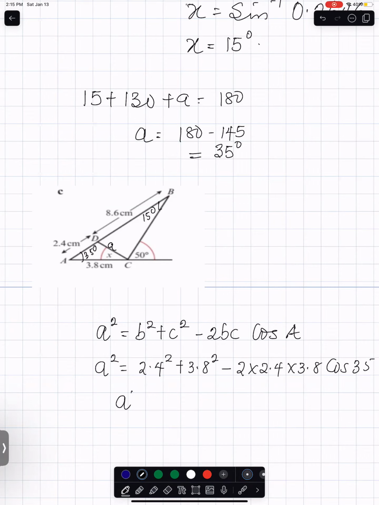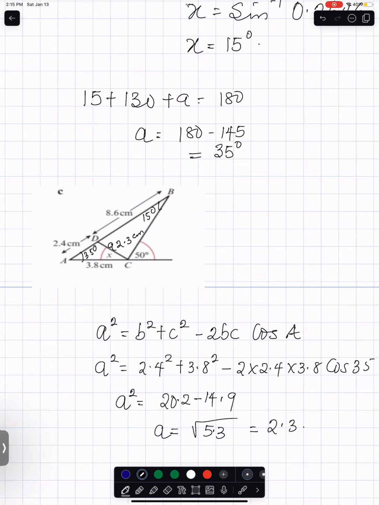So A squared becomes 20.2 minus 14.9. So we have our A as root of 5.3, which gives us 2.3 approximately. So I have A as 2.3 cm.